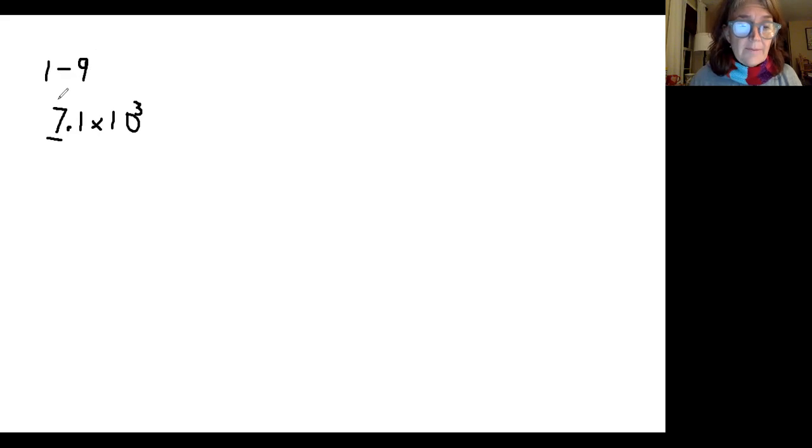So it's one place in front of the decimal, and then we have times 10 and some exponent, okay? So what does this actually mean? Well, what it means is that you are going to take this number and grab this decimal place and move it 3 places to the right.